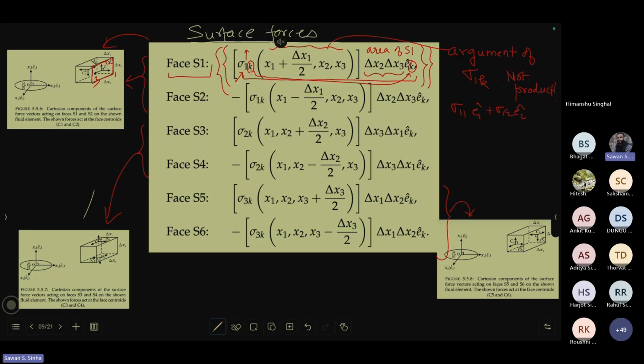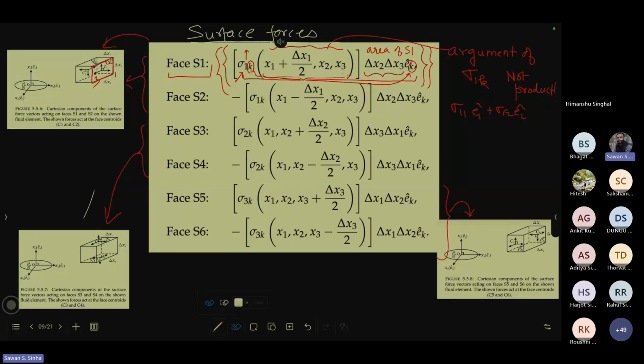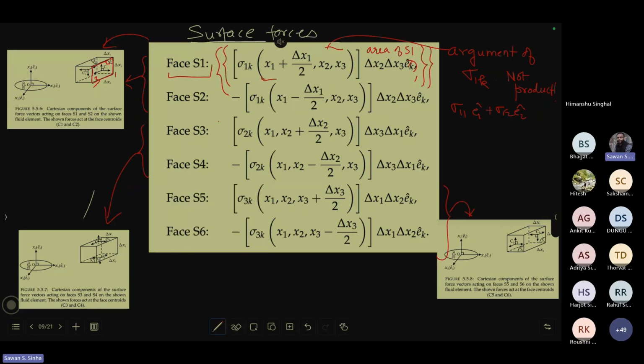Fine, but then there is another detail you must pay attention to, what I am writing as the argument of sigma 1k. So even though I am using the symbol sigma 1k as before, the argument has changed. This sigma 1k is not at the centroid of the control volume, but it is at the centroid of S1.